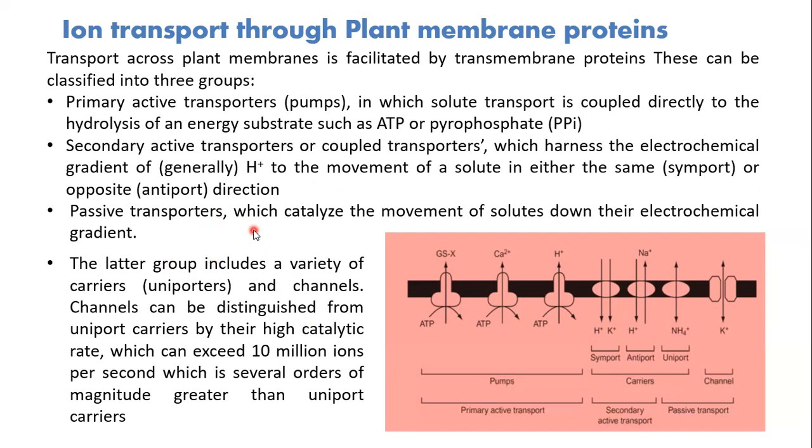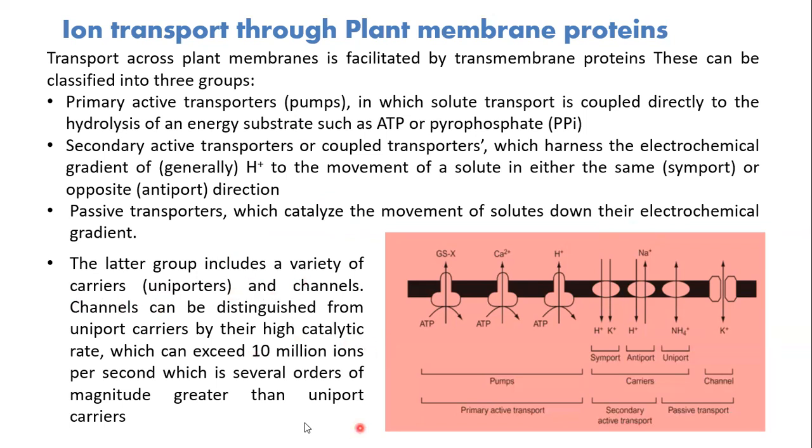But later on, as the concentration inside the cell increases, passive movement is not possible. So in that case, the electric gradient is developed by these pumps, and that is utilized by these ions.